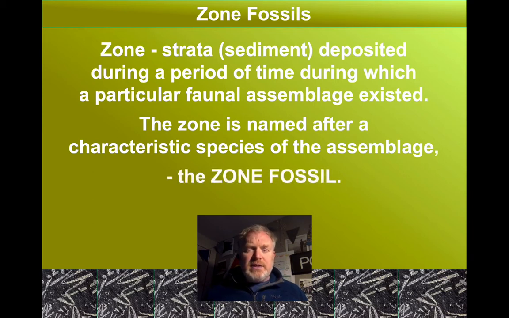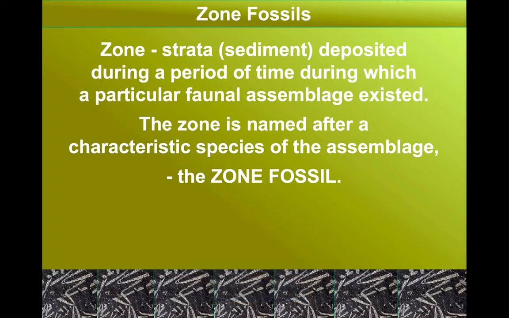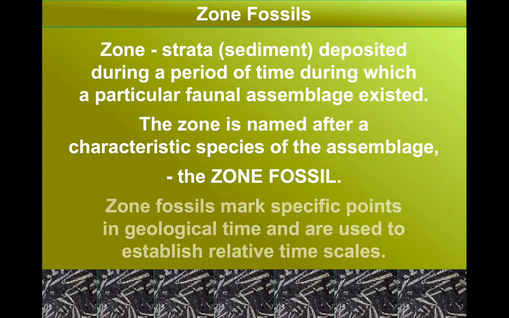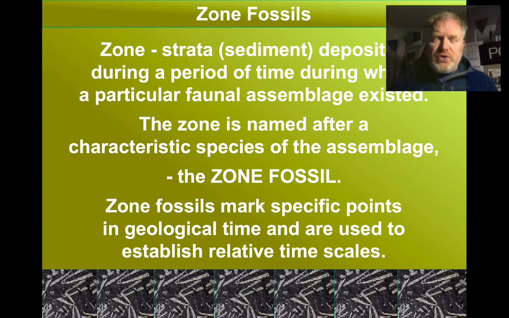And that is the zone fossil. We use them to help us establish relative timescales and to be able to link together a sequence of rocks in one place with a similar sequence elsewhere based on this fossil content, and particularly of the key zone fossils.